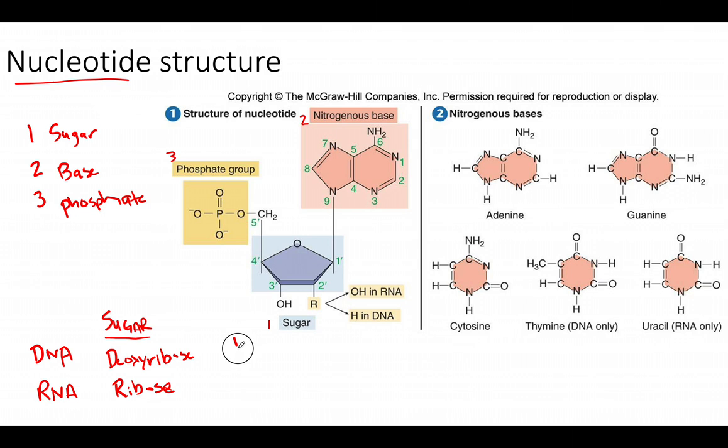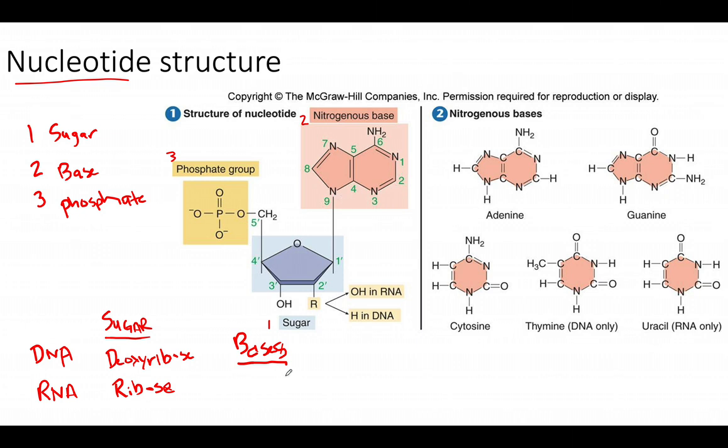The other is in the bases that exist in each of these. There are four different bases that can be linked to the appropriate sugar. In the nucleotides for DNA, the sugar is deoxyribose, and the question is, what nitrogenous bases can be attached to it?